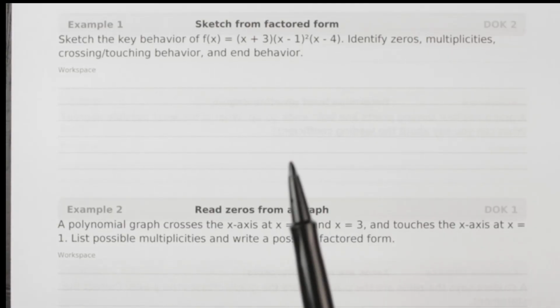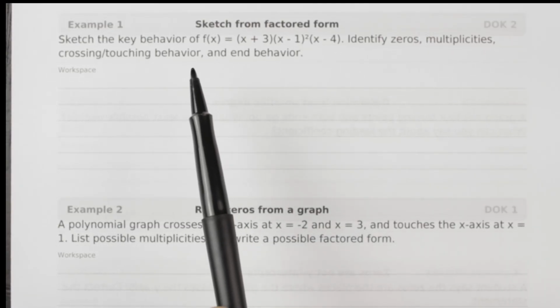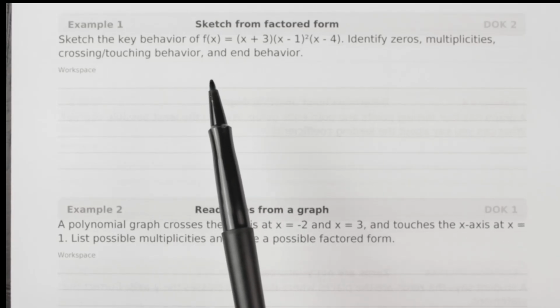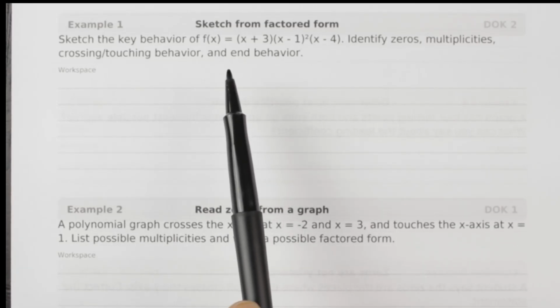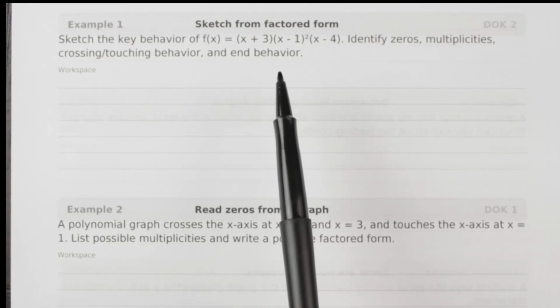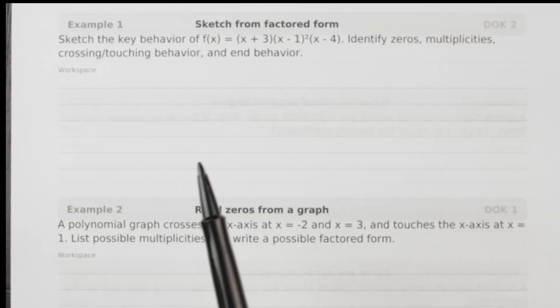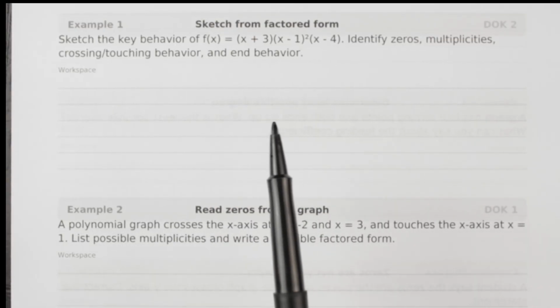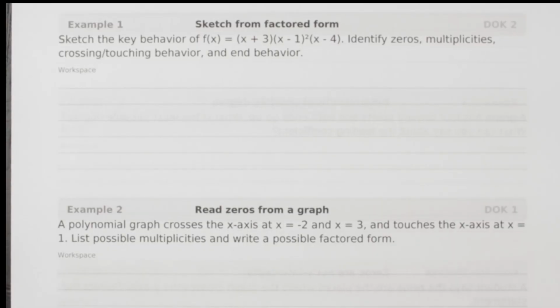So first of all, let's read example one. It says sketch from factored form. So sketch the key behavior of f of x equals x plus 3, x minus 2, x minus 1 squared, x minus 4, and identify those things. Start with the zeros. Zeros occur when each factor equals 0, right?